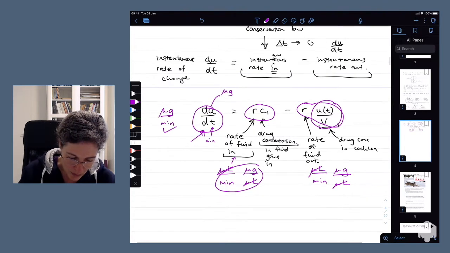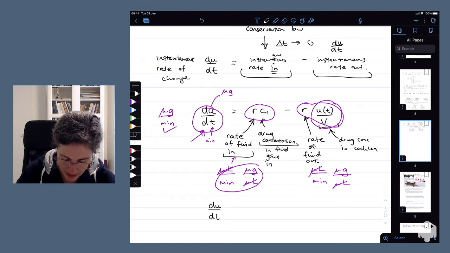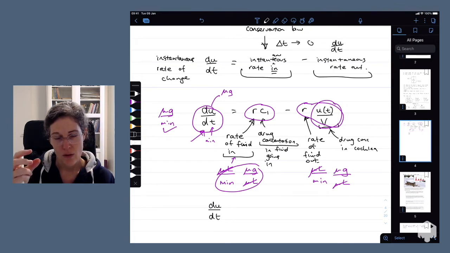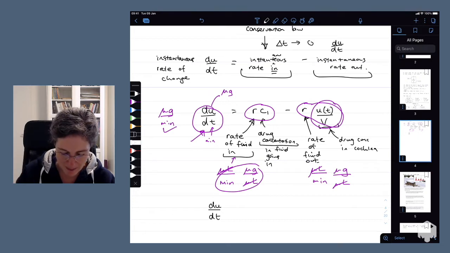All right, so what do we end up with? Finally, just so that we can see it clearly, we have that the instantaneous rate of change of the amount of the drug in our cochlea is equal to the rate at which the drug is being administered times the concentration of the drug, minus the rate at which it's leaving times the concentration of the drug in the cochlea.